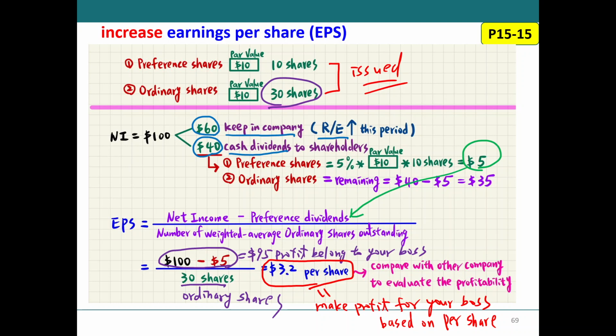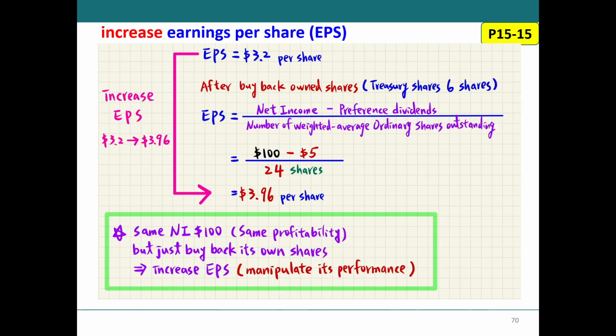Okay? Based on this, if I want to make the EPS increase, how to do that? 95 divided by 30. How to make the number increase? Make the shares decrease, right? So how to make the shares decrease? You buy back the shares. So the shares held by shareholders will decrease. Next page.